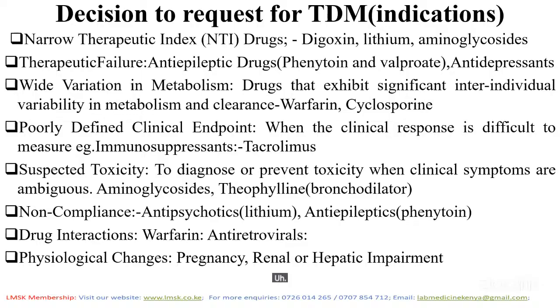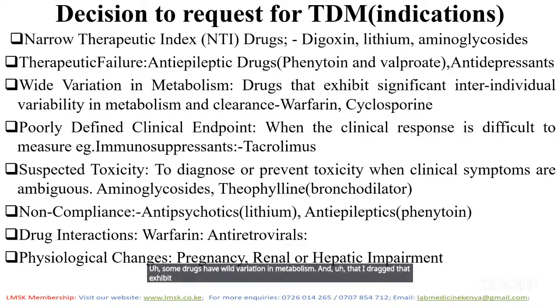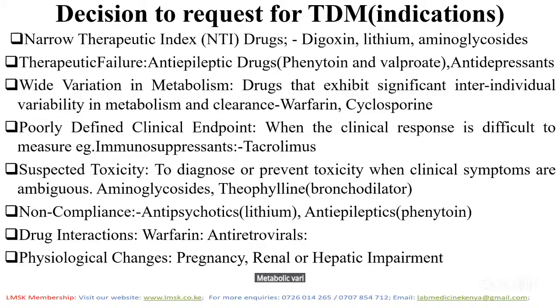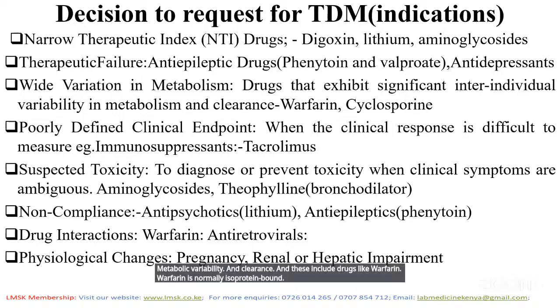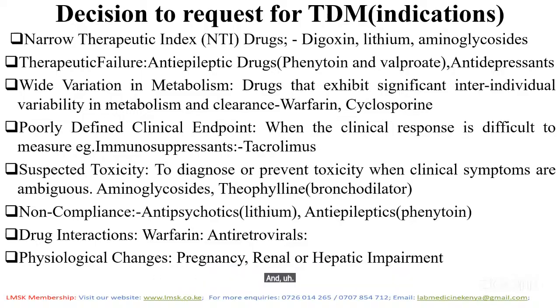Some drugs have wide variation in metabolism, and there are drugs that exhibit significant metabolic variability and clearance. These include drugs like warfarin. Warfarin is normally highly protein bound. Another drug is cyclosporin, which is given as an immunosuppressant. There are some drugs which have a poorly defined clinical endpoint.